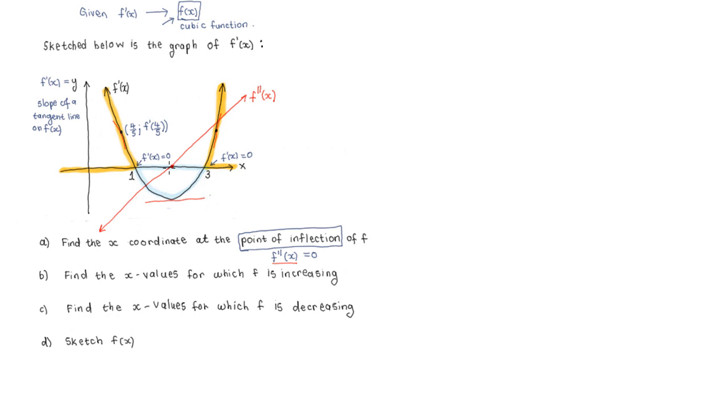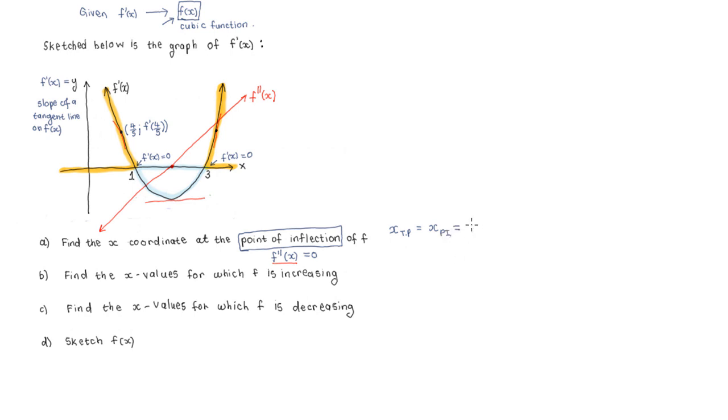So that's going to be this horizontal distance, which is going to be 1 plus 3. So the x value at the turning point is equal to the x value at the point of inflection.